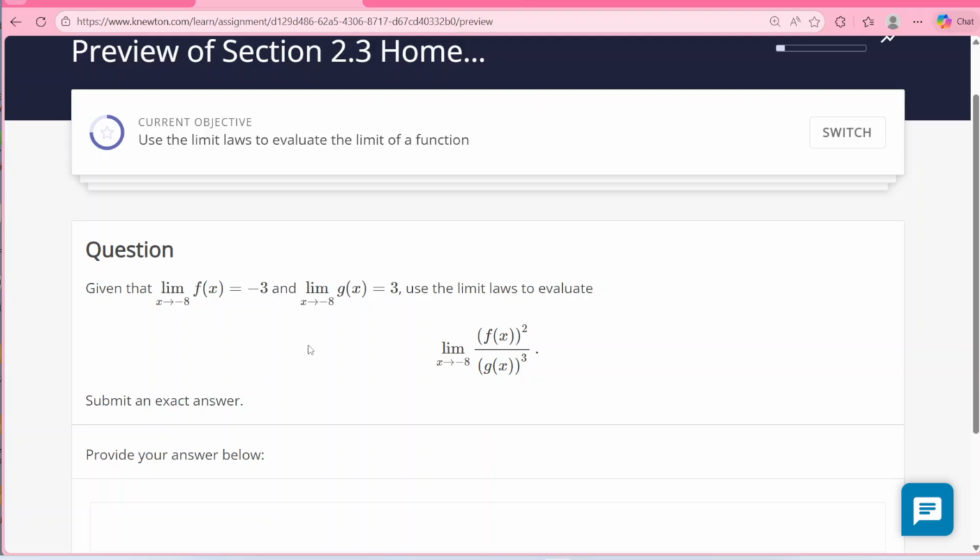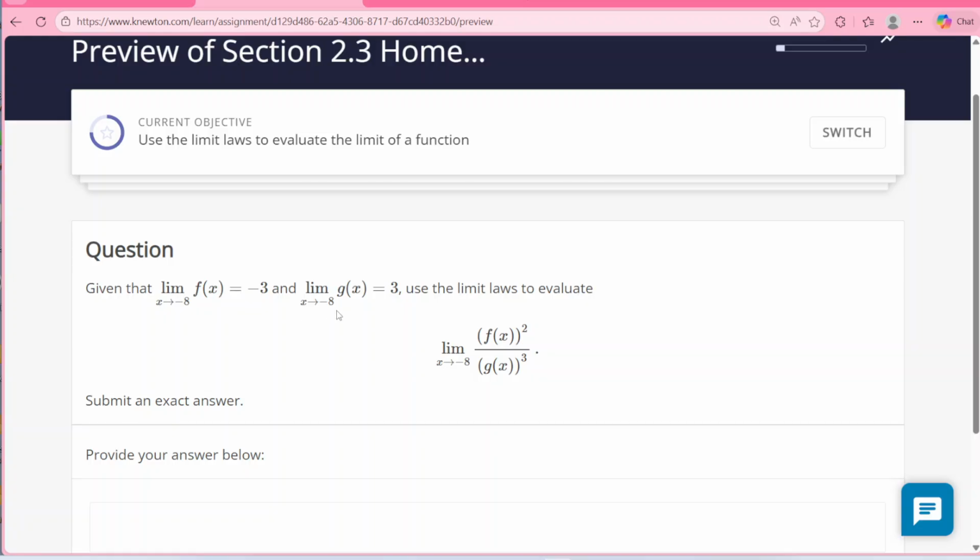So this is very similar to earlier, where I'm just making a substitution, really. I got a fraction here, as long as the denominator is not going to 0, I can just make simple substitutions. So we're told that as x approaches negative 8, this f function has a limit of negative 3.